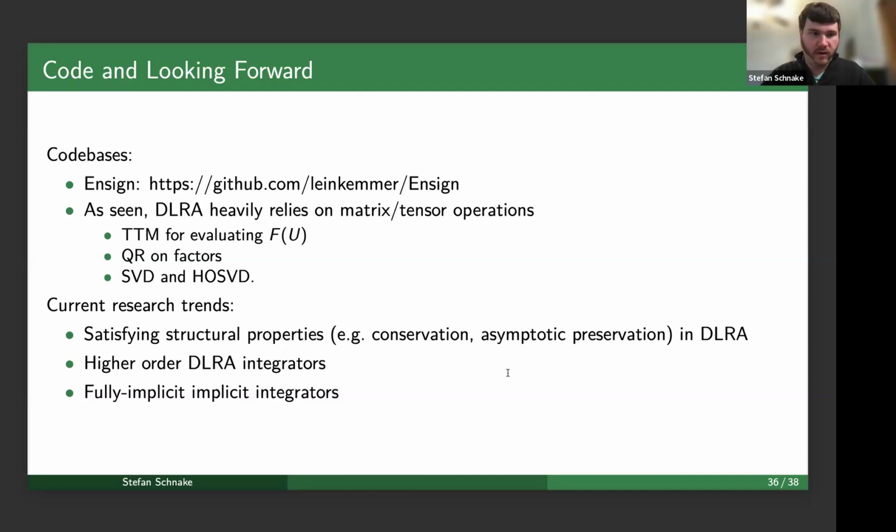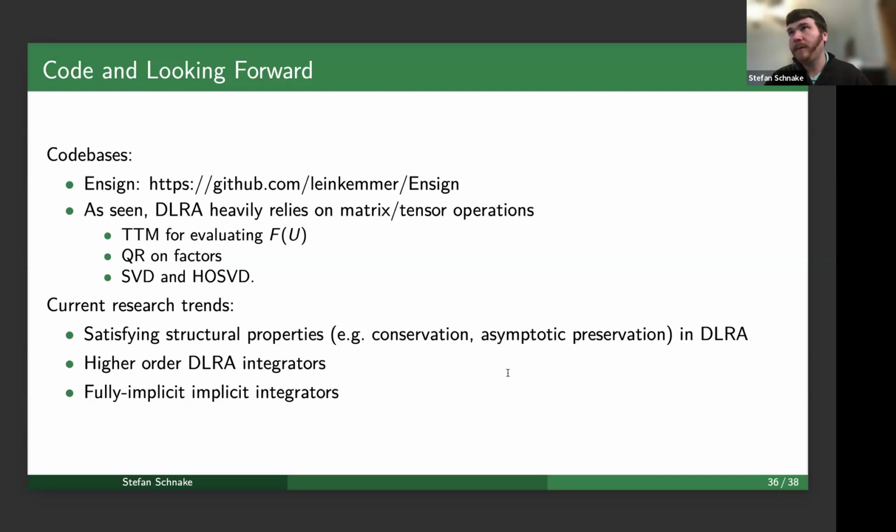I also want to give a quick mention of some current research trends going on with purely dynamical low rank. First off, satisfying structural properties. Physicists care about this a lot. As you saw from the CharmNet MIMICS, they really care about structural preservation. For example, conservation of moments, asymptotic preservation, so that you go to the correct asymptotics in some sort of regime. Do they want to preserve this in dynamical low rank?